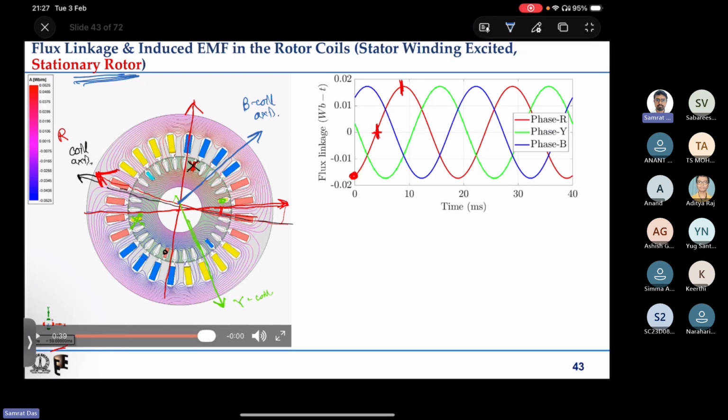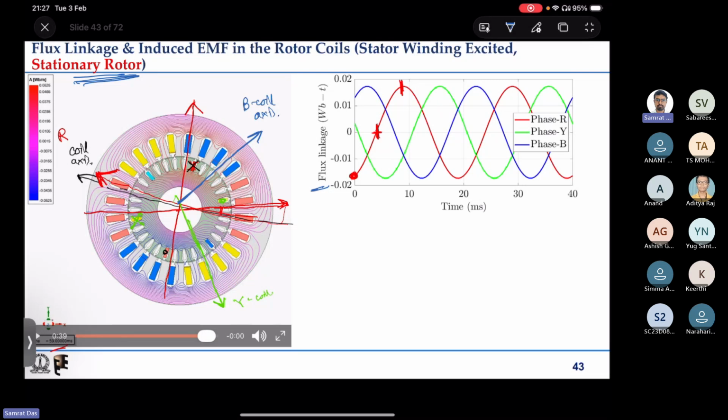Because the R coil axis, B coil axis and C coil axis are shifted in space by 120 degree, the flux linkage of these three coils is also shifted by 120 degree.